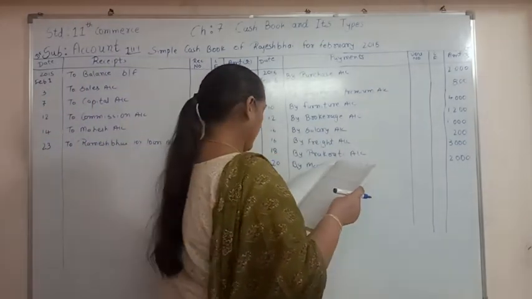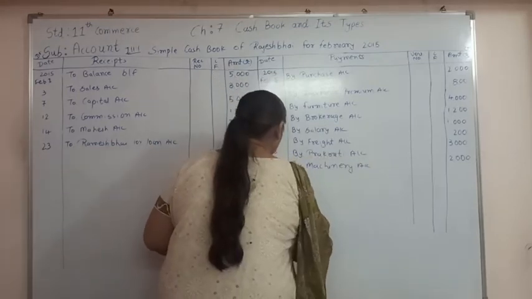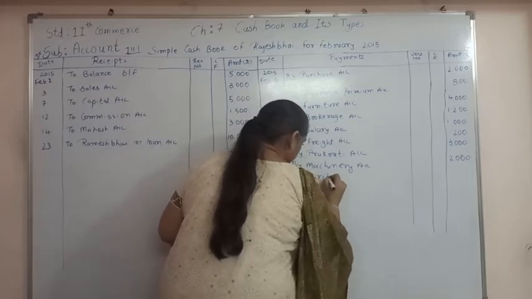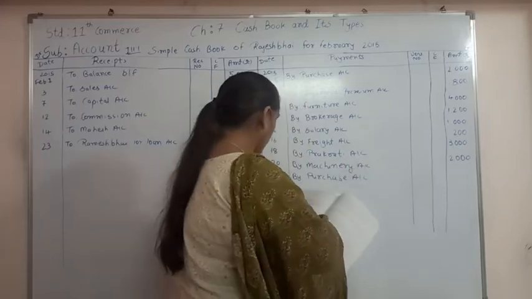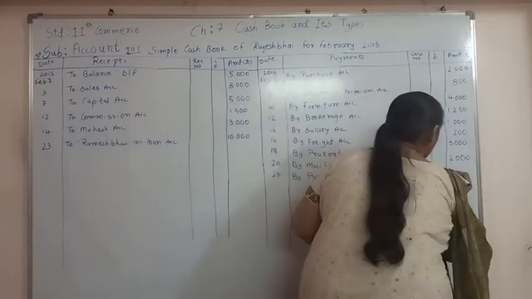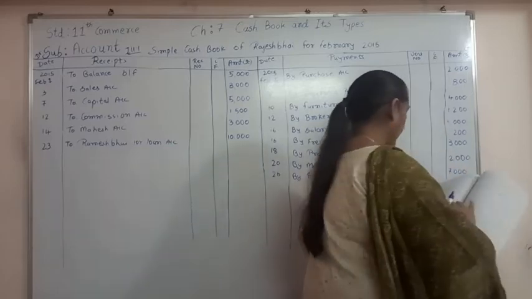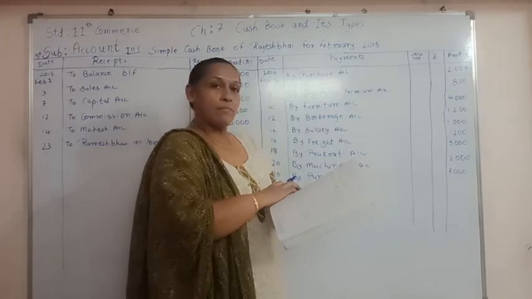That is a purchase, and we write on the credit side of the cash book by purchase account, and the amount is 7,000. Now on 28, rupees 3,000 deposited in Prime Cooperative Bank.